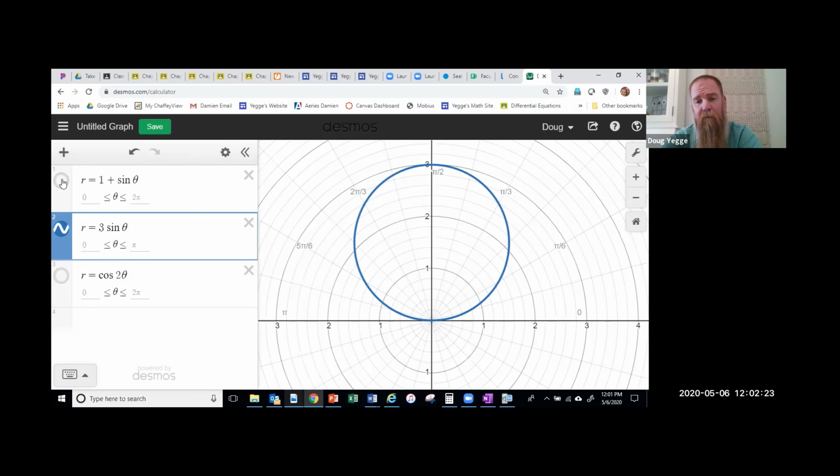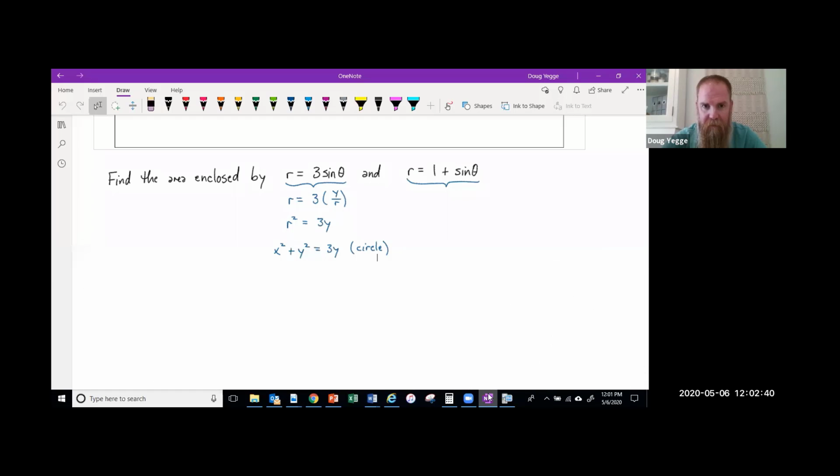But we already graphed r equals 1 plus sine theta as well. And so what we're looking at here is that these have intersected somewhere. And we want to be able to find out the area that lies inside, I guess I can't say enclosed by, so I've got to say in this case, the area inside of this and outside of this.